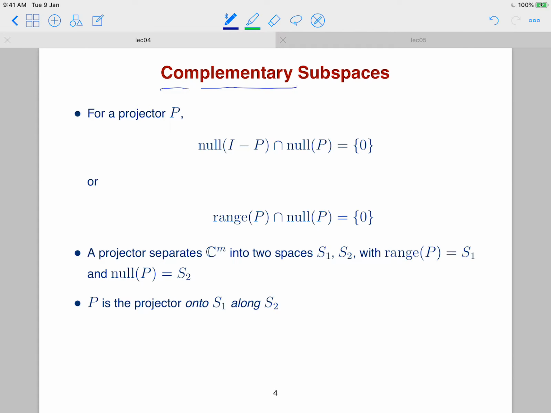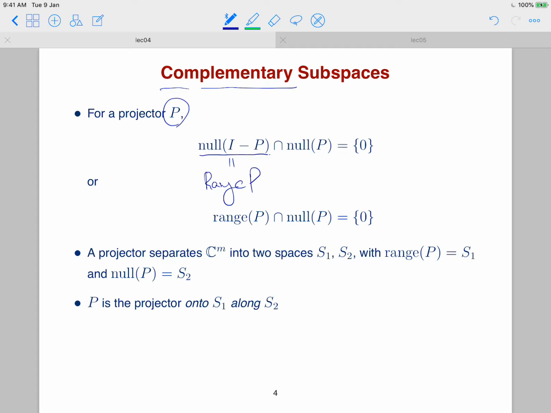So here, for a projector P, the null space of I minus P is the range of P, which we proved in the previous slide, right?